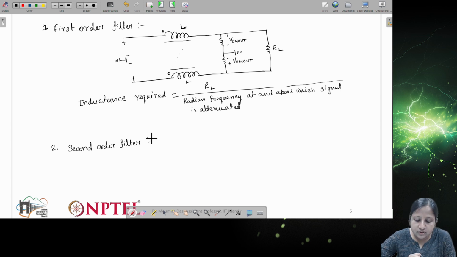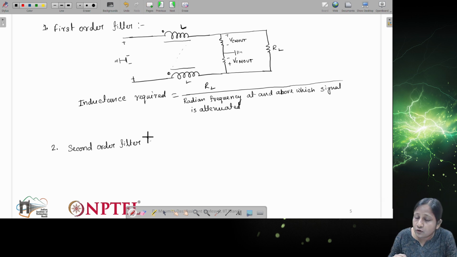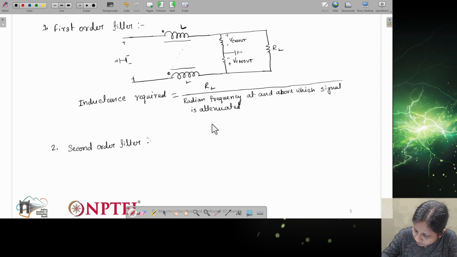In the first order filter, only the coupled inductor was present, and in the second order filter, there will be a capacitor component along with the inductor component. So you can see here, we have this inductance similar to the first order filter. We connect this inductance, and before this there is also a capacitor present.